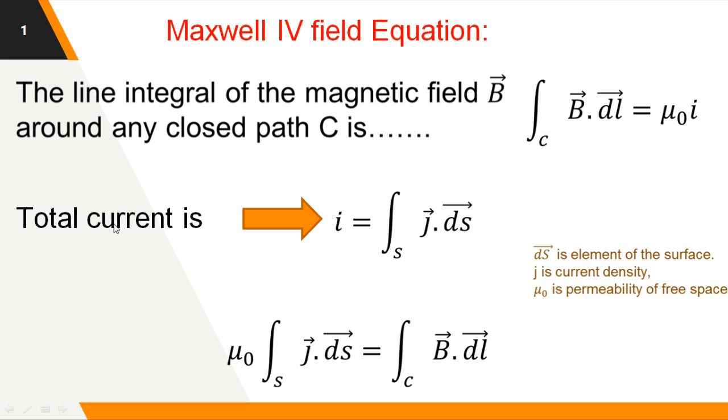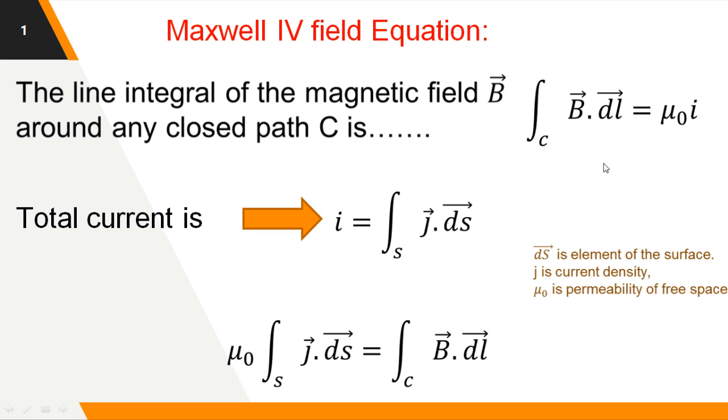The total current is nothing but J dot ds. What is J? The current density. Current density means current by area. Current by area multiplied by area gives you the total actual current. So the total current I is expressed in vector form as J dot ds, where ds is an element of area, J is the current density, and mu naught is the permeability.